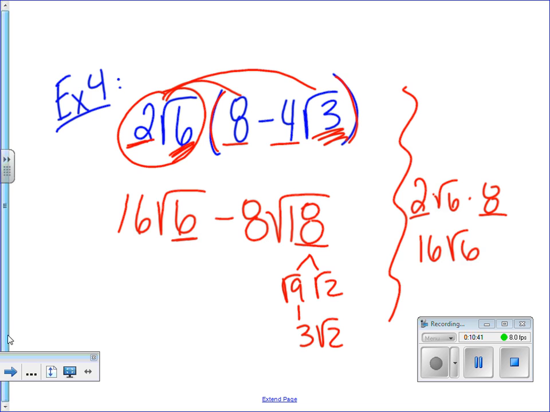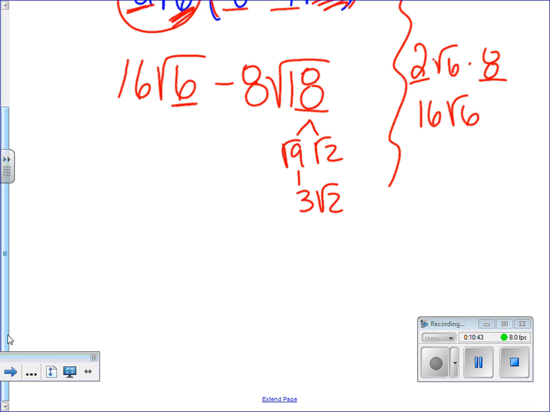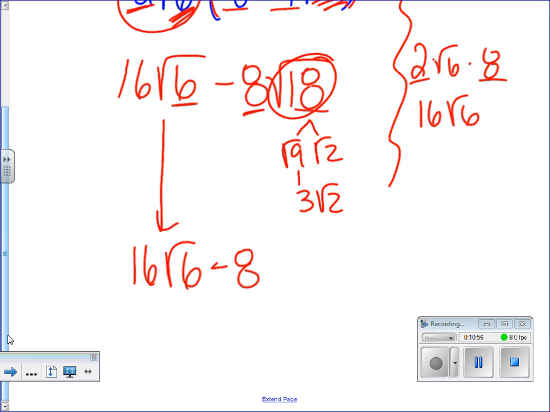So let's try to put all this together. Let's try to write this in a coherent way. So this stayed the same, 16 radical 6. Okay, and then we still have the negative 8. And then we broke radical 18 down to 3 radical 2, so we're going to put that in place of it. Notice the negative 8 and the radical 18 were being multiplied, so this is just going to be multiplied.